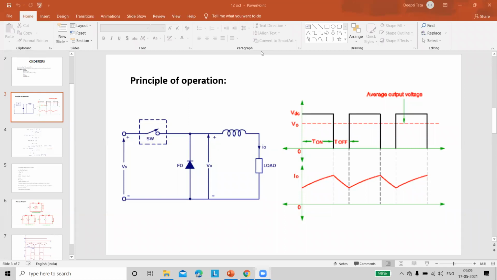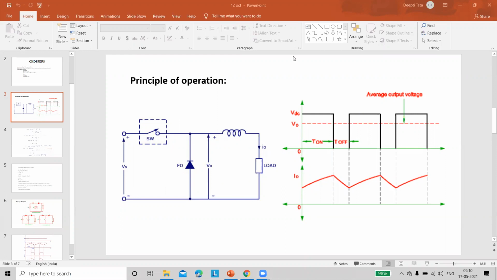Whenever your input supply is provided, this chopper comes into the on condition. That means our control device is going to be turned on. And then the current flowing path for this chopper is supply voltage, chopper, inductance, load, and back to supply.